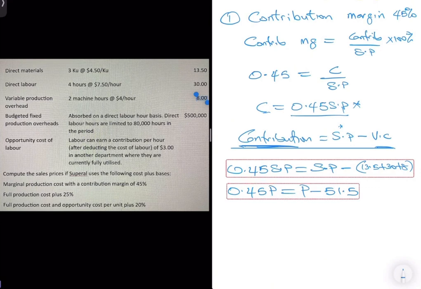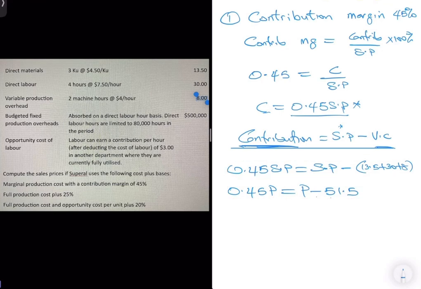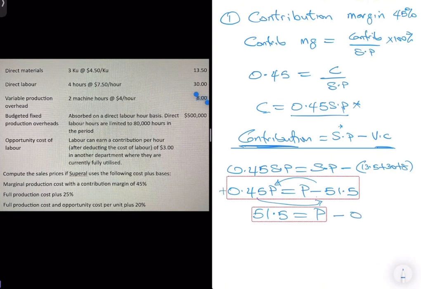So 0.45P equals P minus 51.5. With this, we can solve for price, because all we need to do is to collect the like items, which is P. So I can put the P on one side and separate the numbers. I'll bring the negative to the other side so that it becomes positive: 51.5 equals P minus 0.45P.